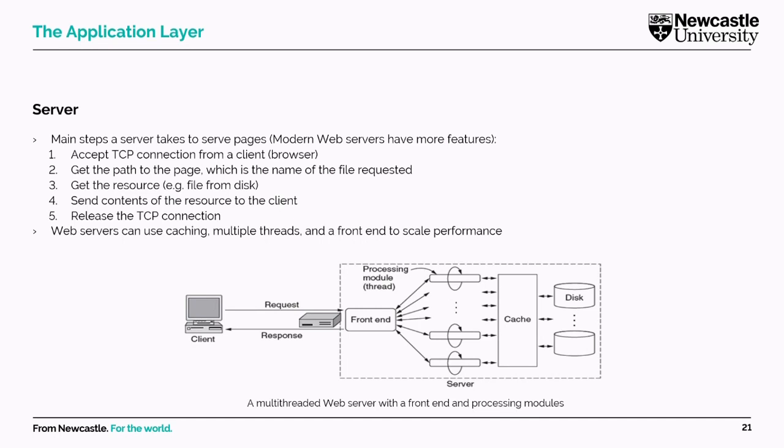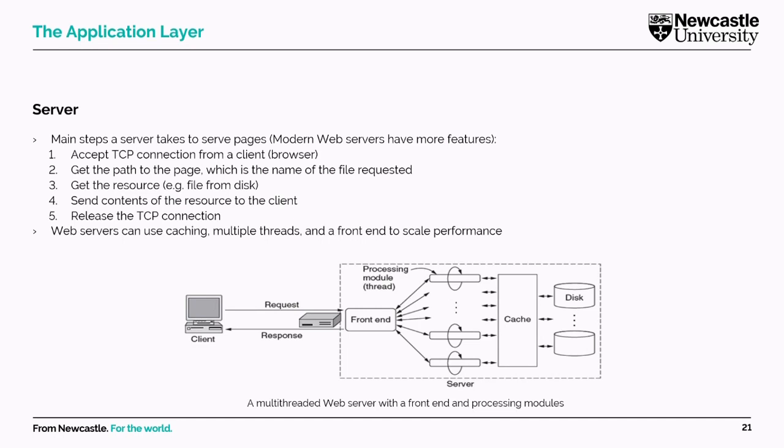They go to the file system or to the database and get the path to the page, which is the name of the file requested. They get the resource, which is typically saved on disk, and then they send the contents of the resource to the client, as we've seen, and then they eventually release the TCP connection.